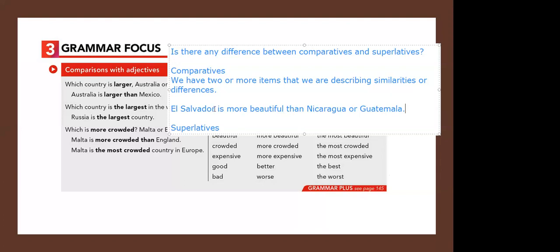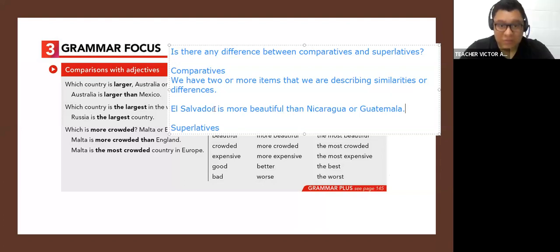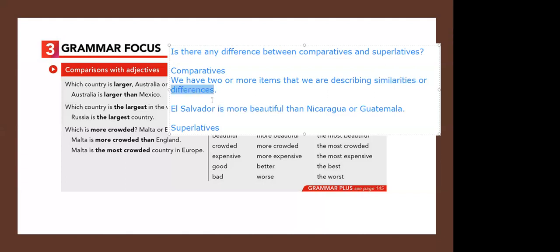In comparatives, exactly. For comparatives, we have two or more items that we are describing similarities or differences. In this case, if I say El Salvador is more beautiful, is this a similarity or a difference? What do you think? Difference, exactly.